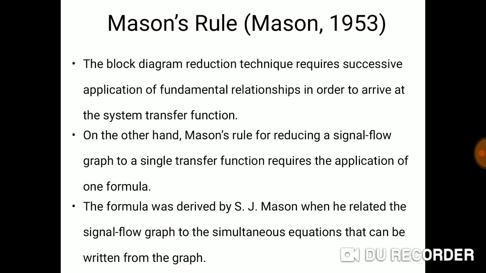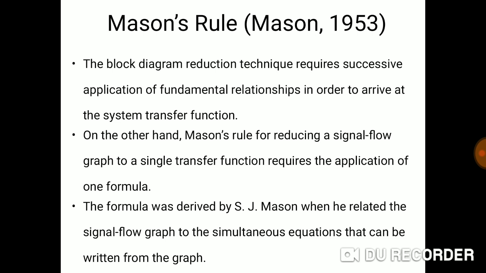The block diagram reduction technique requires successive application of fundamental relationships in order to arrive at the system transfer function. On the other hand, Mason's rule for reducing a signal flow graph to a single transfer function requires the application of only one formula.